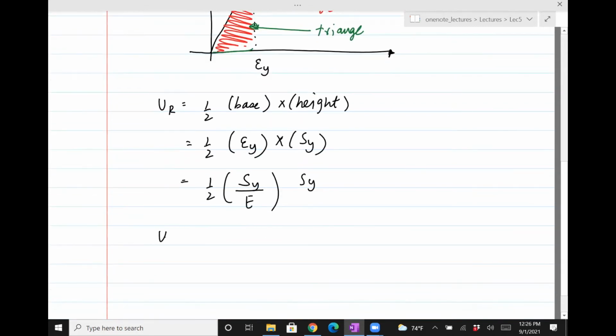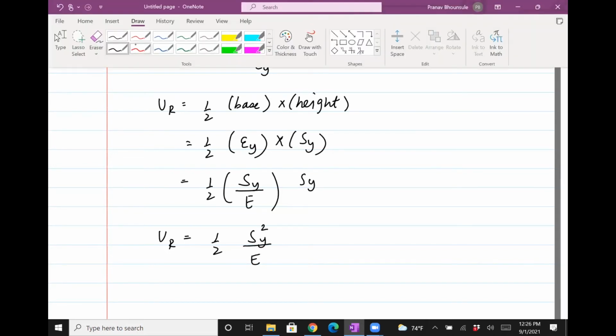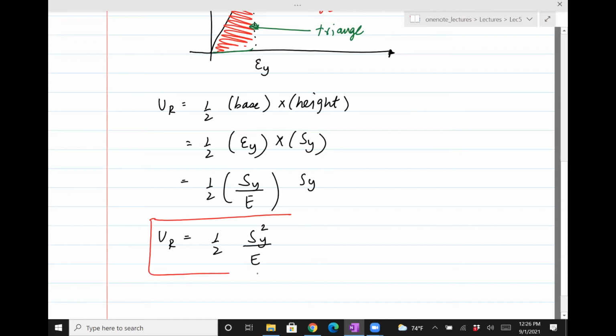So the modulus of resilience is half SY squared divided by E. Okay, so the key thing is we looked at the area under the stress strain curve within the elastic range.